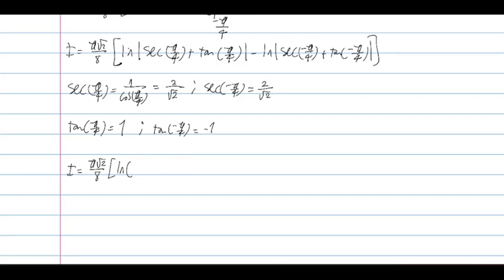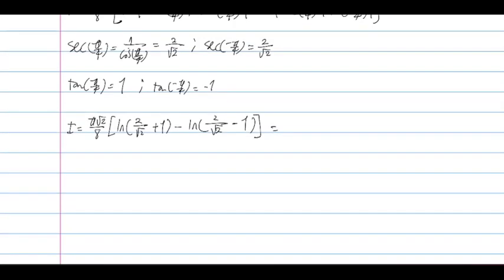This is 2 over root 2 plus 1, which is obviously a positive number, so we don't need the absolute value. So this is 2 over root 2 plus 1, minus ln, again this is 2 over root 2, and this is minus 1. Yeah, this is minus 1. So again, this is a positive number, so we don't need the absolute value.